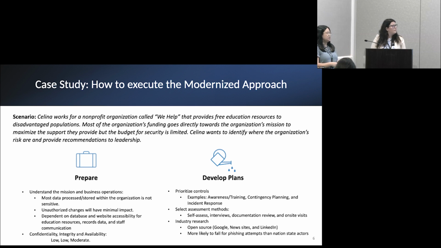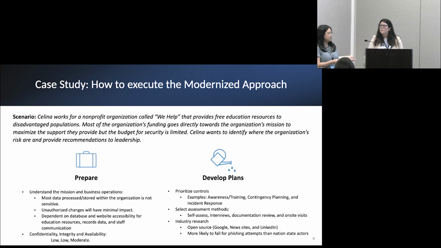Another really good thing to do during the development phase of the approach to risk analysis is to do a little bit of in-depth research on the actual threat landscape specific to your organization and operations. So in this case, Selena is using open sources like Google, news websites, and LinkedIn to look at what threats are actually out there for my type of organization and size.